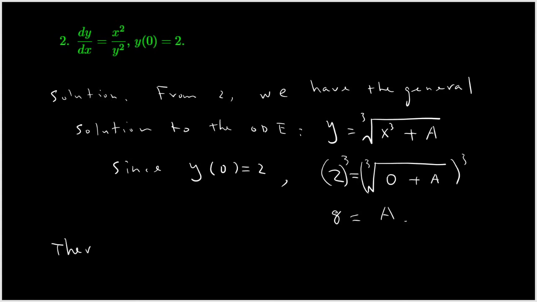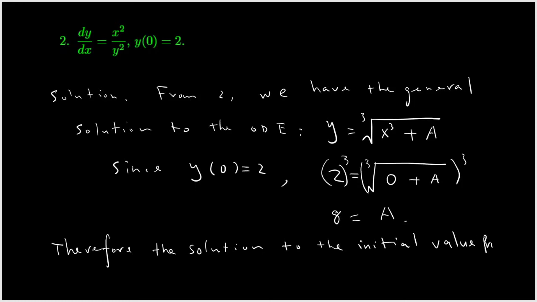So now in question 2 we are trying to get the solution to the initial value problem. The solution, I will write the full sentence now. The solution to the given initial value problem is: you replace A with 8, right?